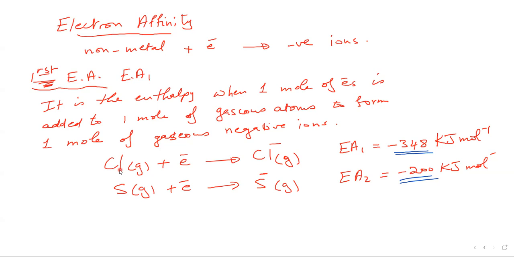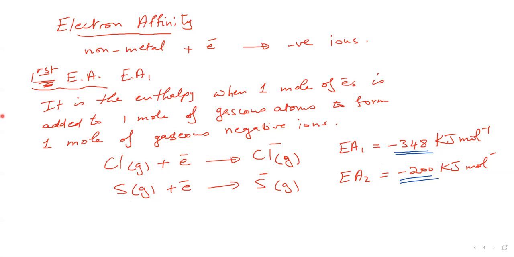The chlorine atom has 1 electron less than the nearest inert gas. So when it gains this electron, this is something very happy for it. And so it releases heat energy due to this formation where the electron goes to the chlorine atom to form the chloride ion. This is something very good for the atom because it becomes more stable than before. That's why it releases heat energy. The same for any atom.